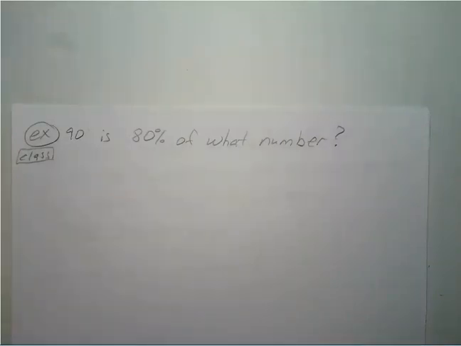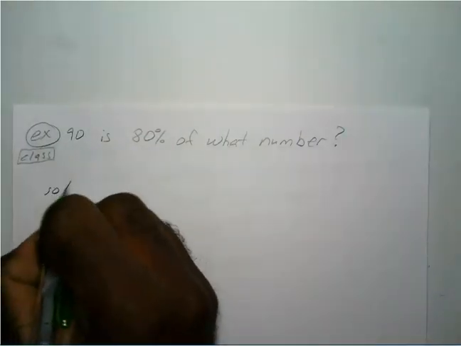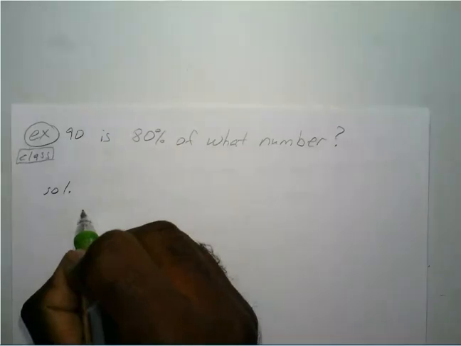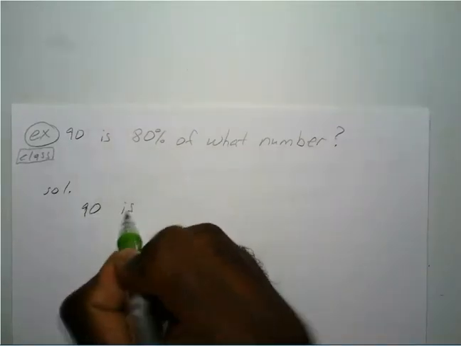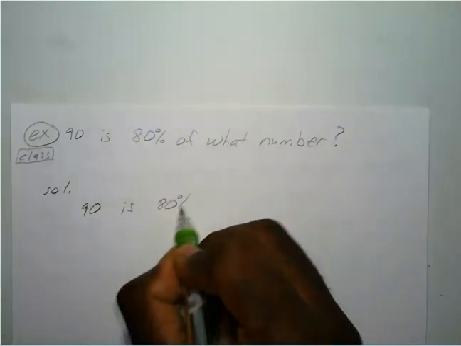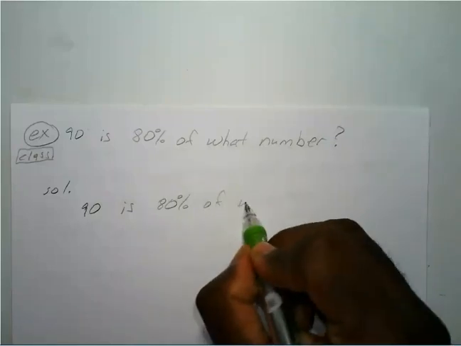All right, so assuming you've already done it, let's go ahead and verify your answer. Okay, so once again, I'm just going to go ahead and rewrite it. 90 is 80% of what number?